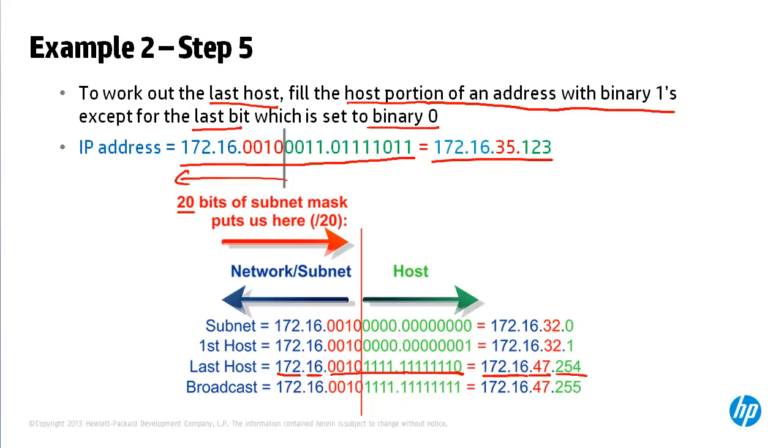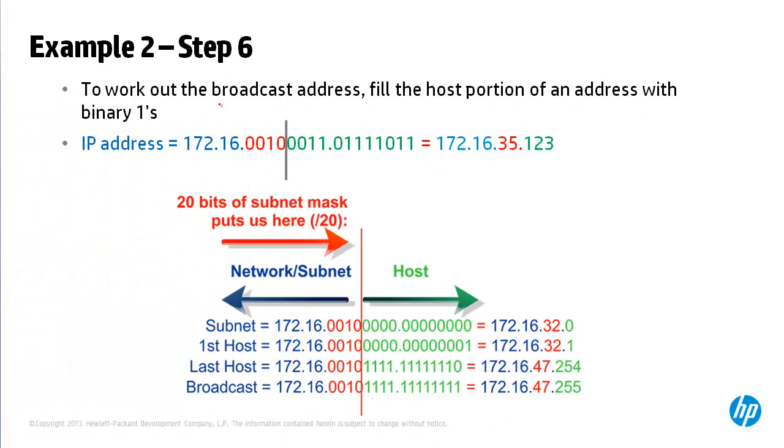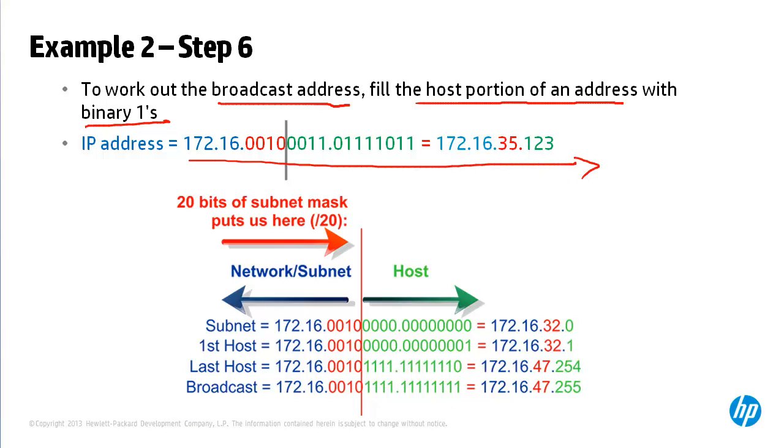172.16.35.123. To work out the broadcast address, we fill the host portion of the address with binary ones. So our network 172.16.35.123 has 20 bits of network or subnet. So the host portion needs to be filled with binary ones. The first octet is 172. Second octet is 16.